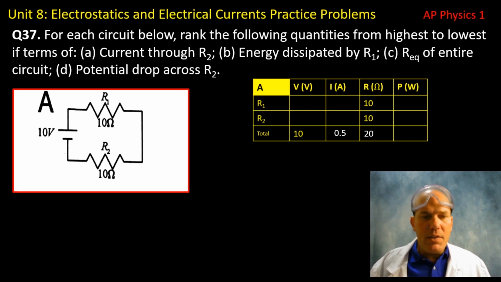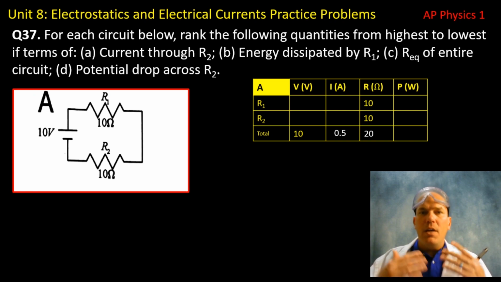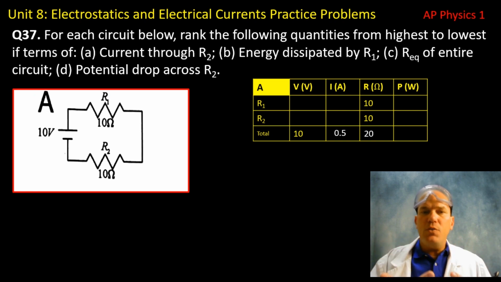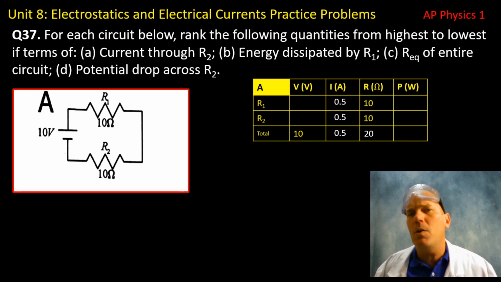Next, because this is a series circuit, the current through the circuit will remain constant. So if we know the total current to be 0.5, we know the current through R1 and R2 to also be 0.5.